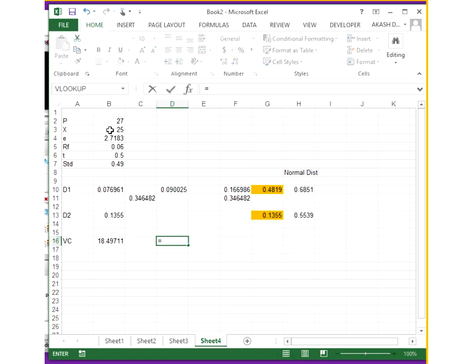XE raised to the power minus risk-free rate times time.